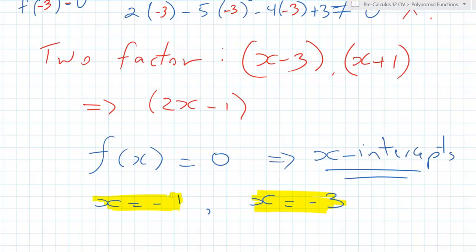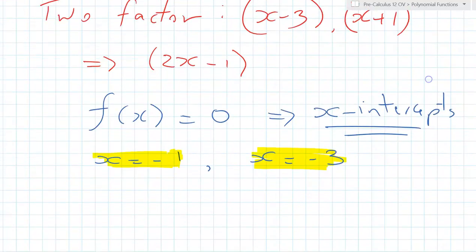These are the factors of the constant term. These are the x-intercepts of the polynomial function.